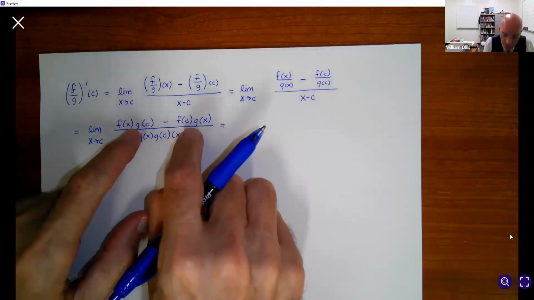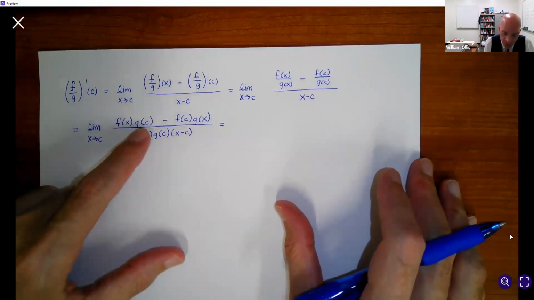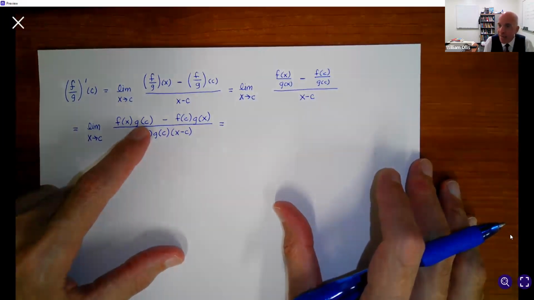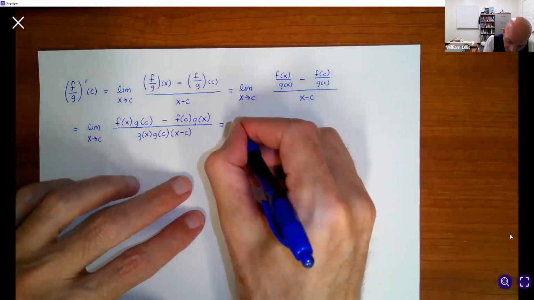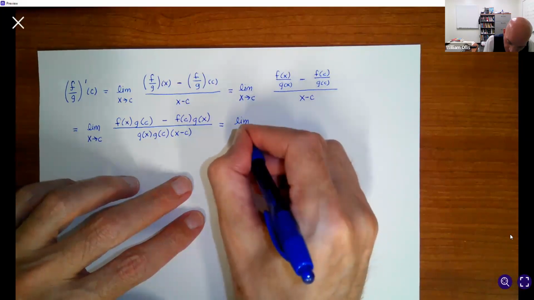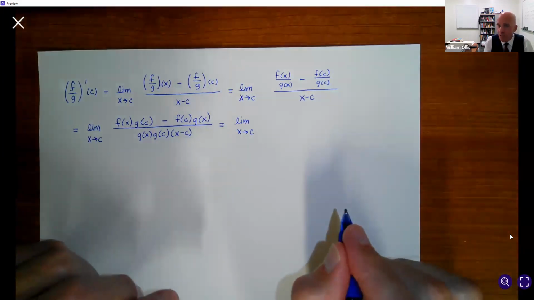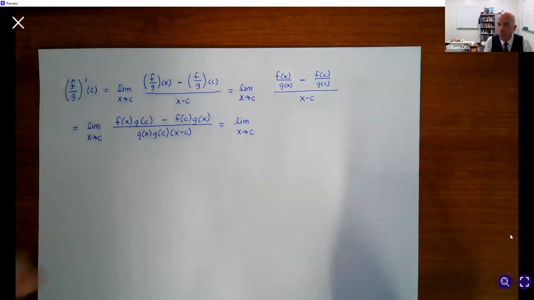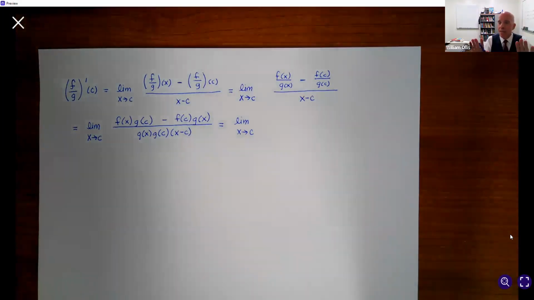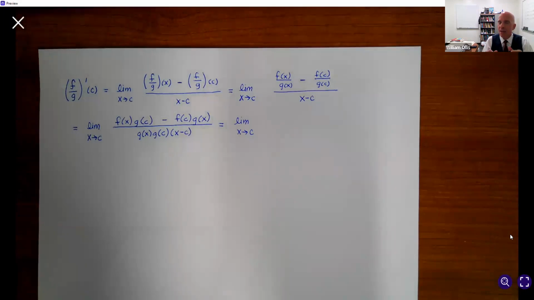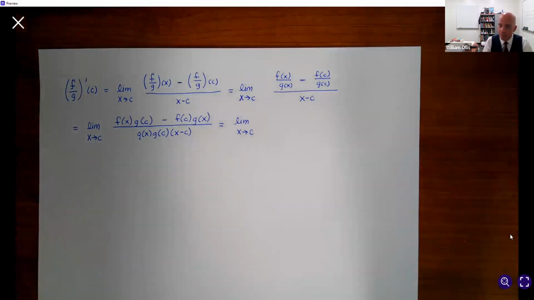We've got these terms here that hint at the definition of derivative. So what we could do is add and subtract f of c times g of c. Remember, when you add the version of 0, or you multiply by a convenient 1, this is simply a way to elucidate certain properties that are available to us, but we have to make them evident.